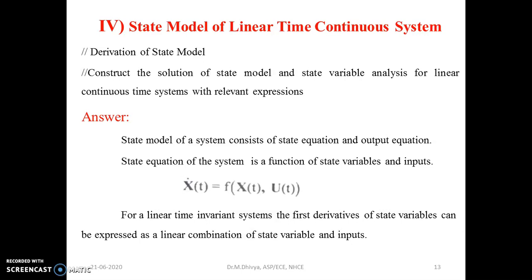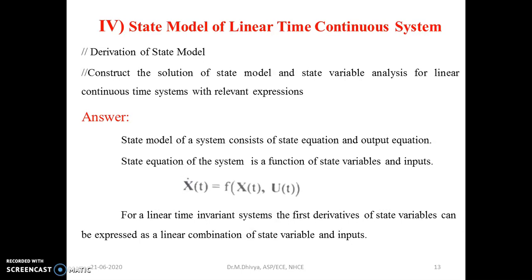We know that state model consists of state equation and output equation. The state equation of the system is a function of state variables and inputs. Recall the representation of state space as a block diagram.